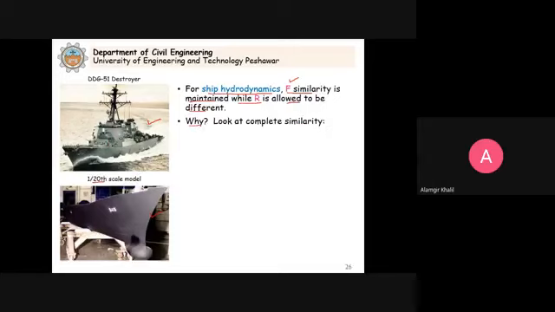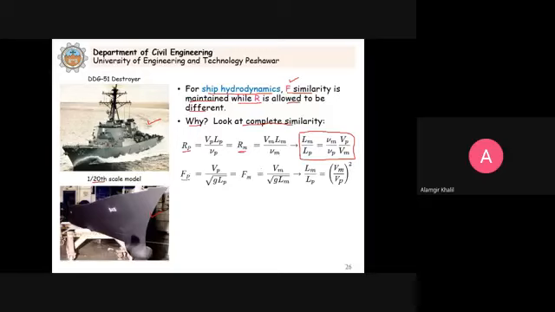Why? Let us compare the two, and you will get the idea. We have to ensure that the Reynolds number in the prototype should be the same as the Reynolds number in the model. When you simplify, this is what we get here. When we ensure the Froude number is the same in the model and the prototype, this is what you get from here.